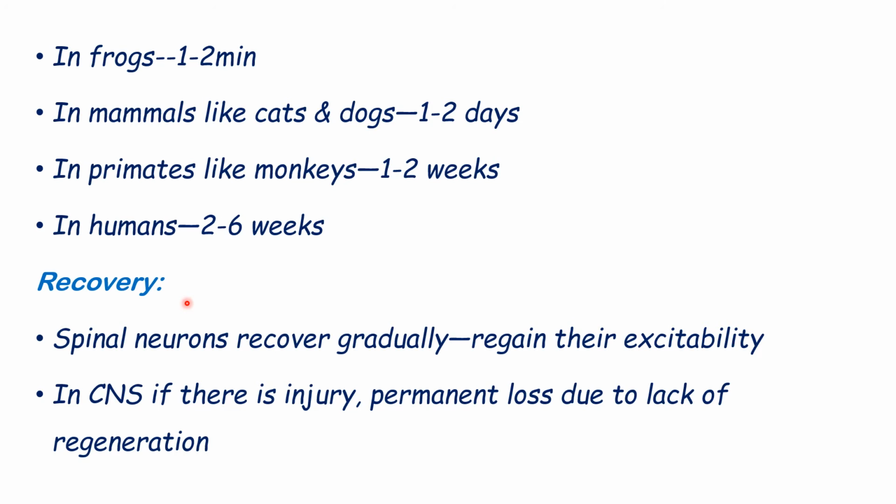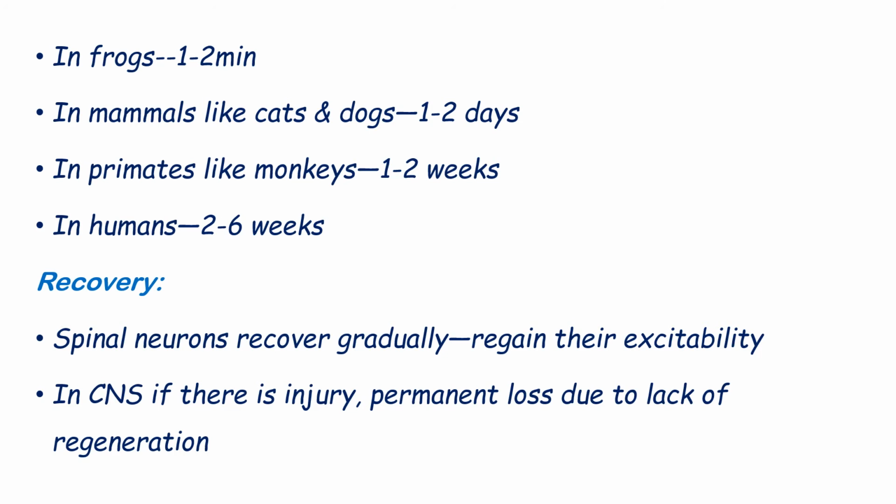Why does this recovery occur? Recovery occurs because the spinal neurons recover gradually, regaining their excitability. In the central nervous system, what happens if there is injury? There is permanent loss, because the neurons in the central nervous system do not regenerate.